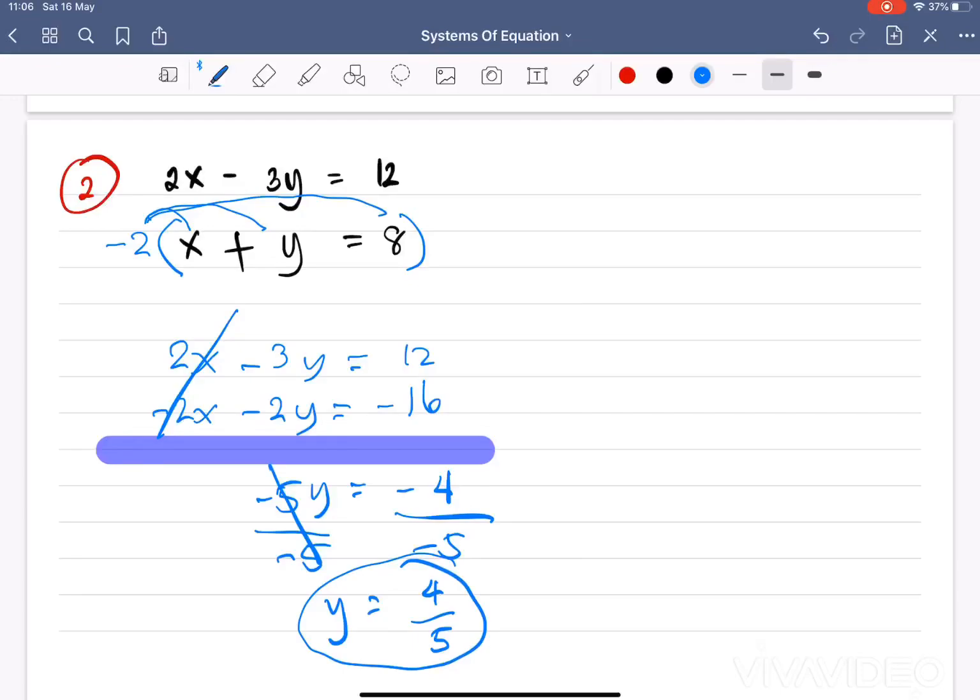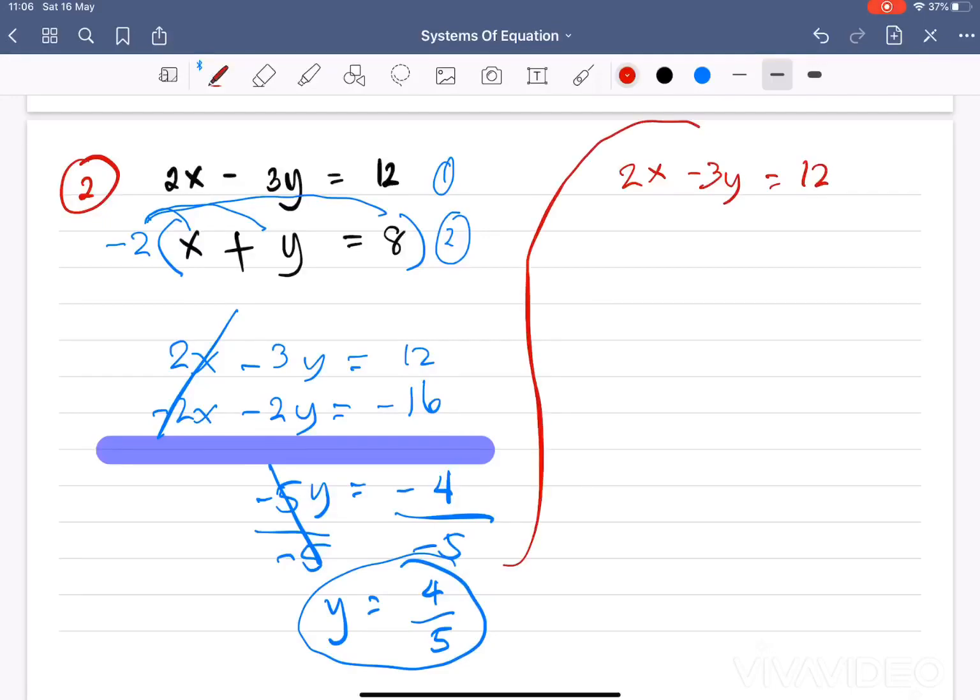Our second step is to substitute 4/5 to either of the equations. You may substitute it to the first equation or to the second equation. Let's try the first equation first. We have 2x minus 3y equals 12. Let us substitute y to the equation.